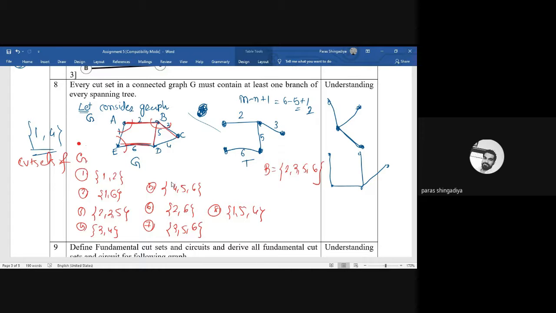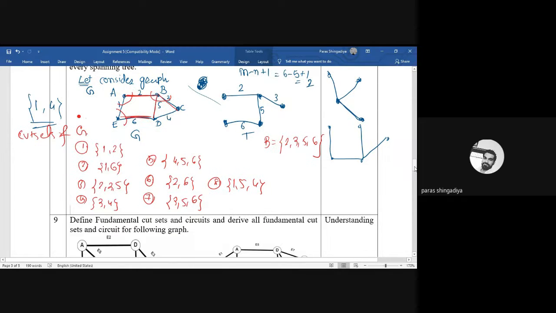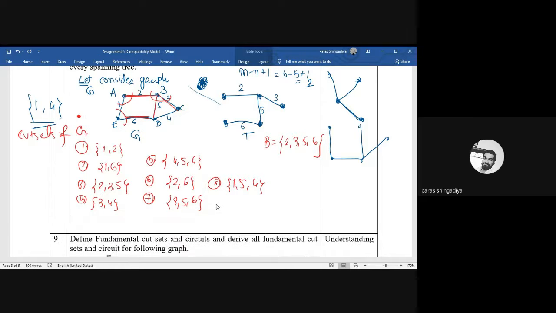Okay, and you can see that in all such possible cut set of this graph, it has at least one branch in this cut set.